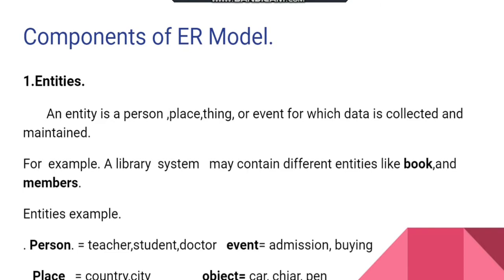So an entity is a person, place, or thing. Everything you see in your life is called an entity, for example chair, door, pen, book, laptop, mobile phone. Hope you understand the concept of entity.